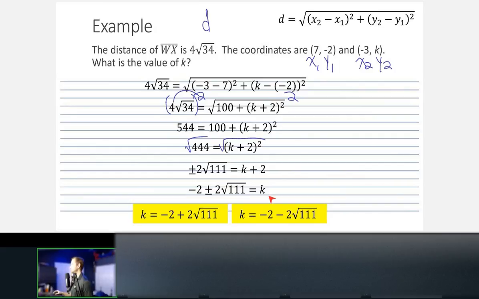If you were to go to Desmos and graph all 3 points, 7 comma negative 2, and then negative 3 comma the first k value, and then negative 3 comma the second k value, you would see that these 2 points that we found are the same distance from the original point 7 comma negative 2. Kind of cool.